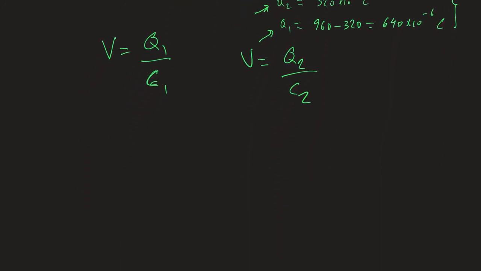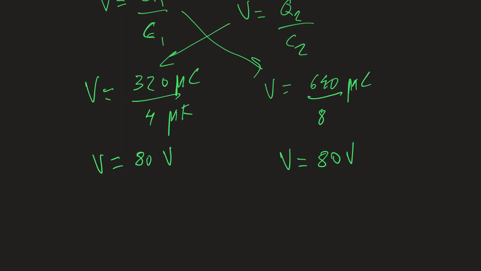So the calculation is 320 divided by 4, or 640, the charge Q1, divided by C1, which gives 80 volts. So you end with a voltage of 80 volts between the plates of every capacitor.